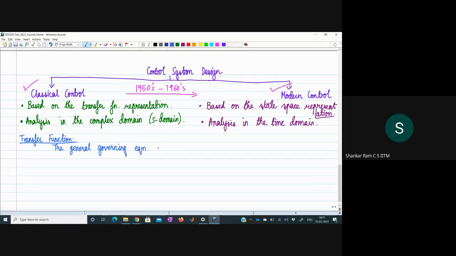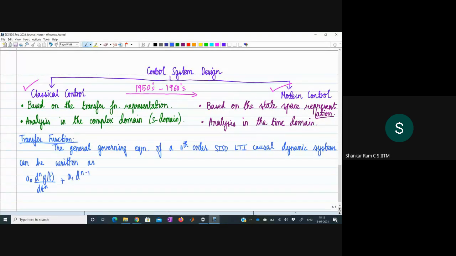The general governing equation of an nth order LTI causal dynamic system can be written as the following: a0 d^n y/dt^n, I'm sure we recall this general form, plus a1 d^(n-1) y/dt^(n-1), plus all the way till a(n-1) dy/dt plus an y(t).